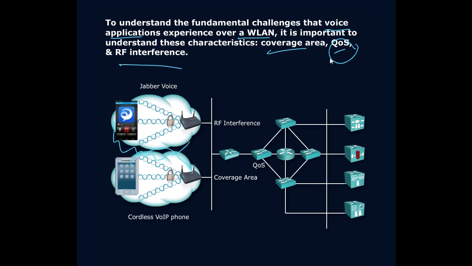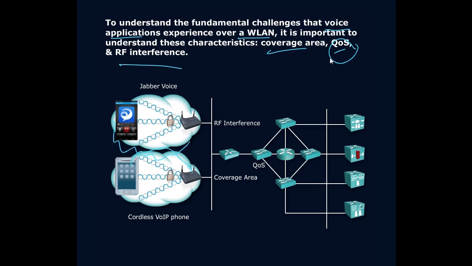If you have high jitter, it can result in clicks, silences, or even drops in voice. We don't want that. And then we have to be careful with loss as well. Loss is the comparative measure of the packets we send versus the packets actually received on the other side. So we want to make sure that's a high percentage, because dropped packets means we're dropping information or pieces of the phone call.